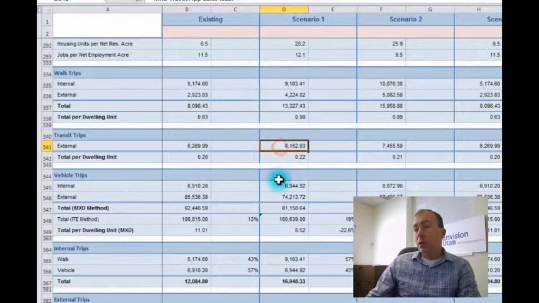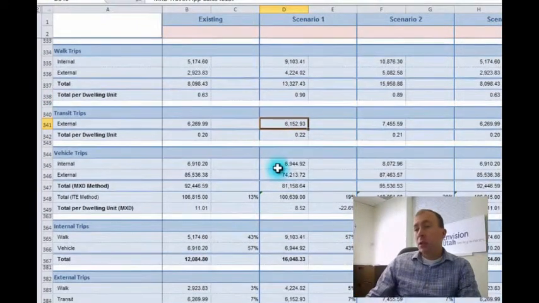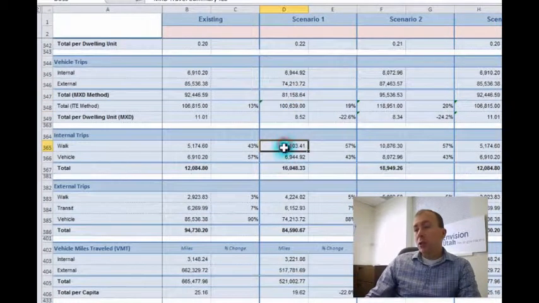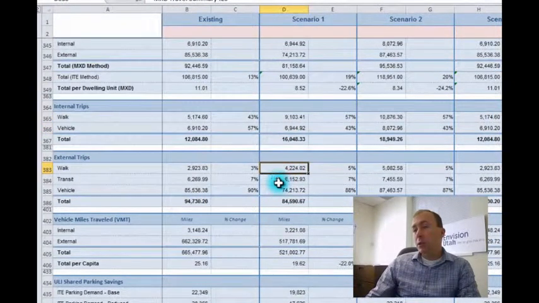It looks at transit trips. It looks at how many vehicle trips by a couple of different methods. One is using the MXD method and the other is using the ITE method. It looks at internal trips, whether by walk or by vehicle. It looks at the number of external trips, whether they're walk, transit, or vehicle, and also gives us a total.